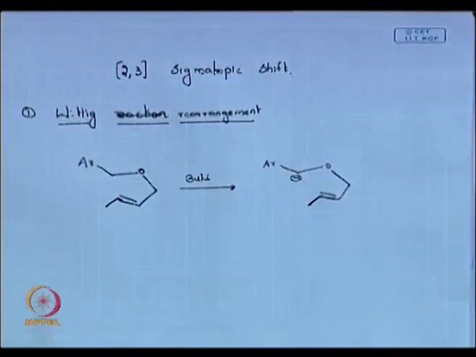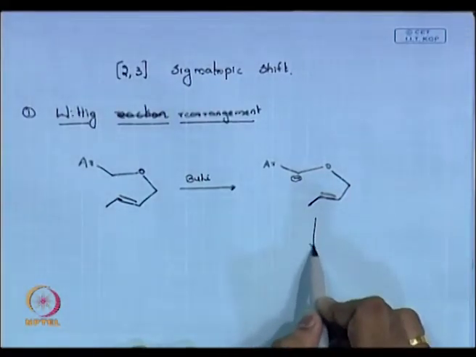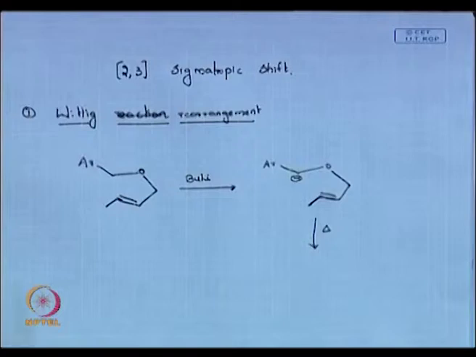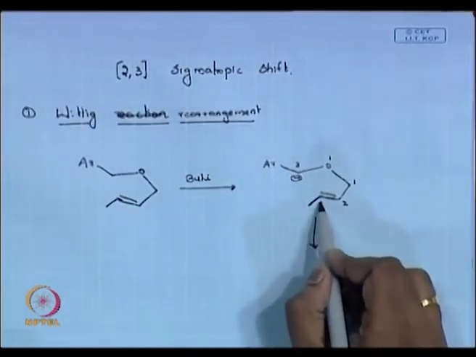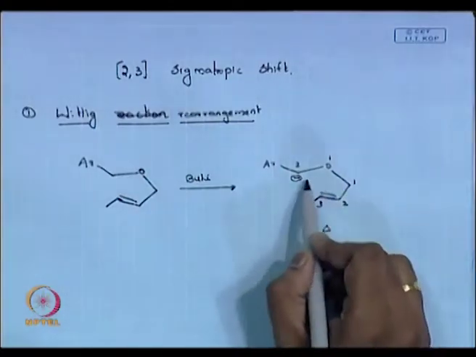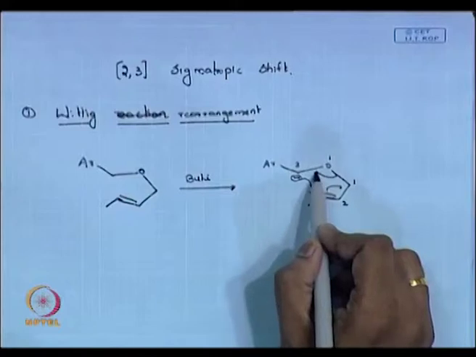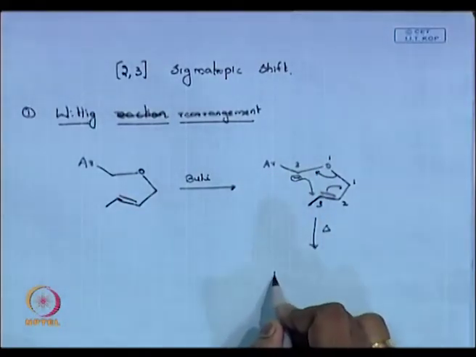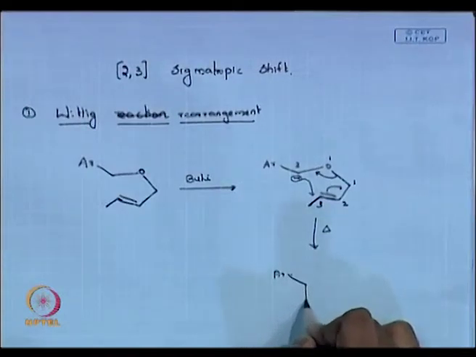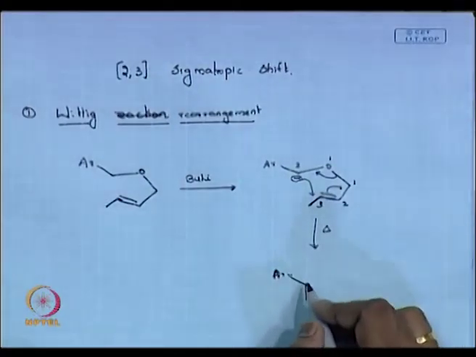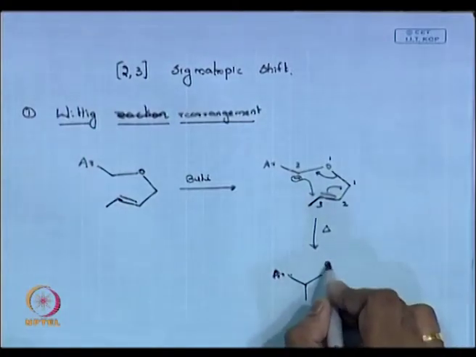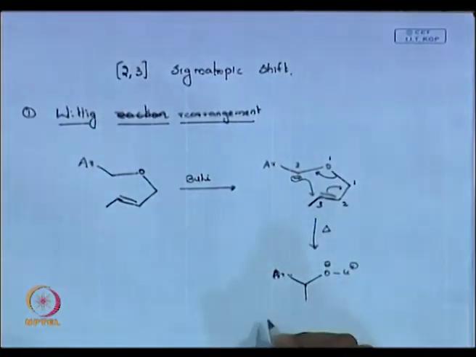Now what happens if I heat this? What can you observe if I heat this? Can I number this? 1, 2, 1, 2, 3. Fine. So, if I am doing this with lithium, you get O minus Li plus, that is always there.